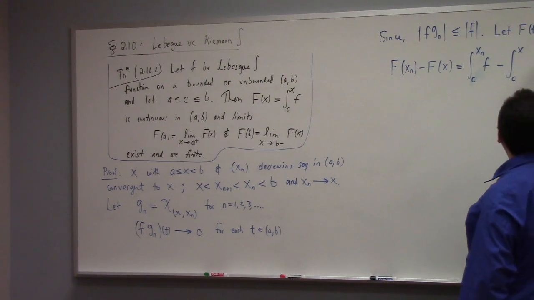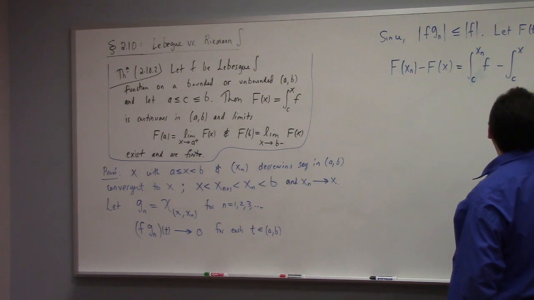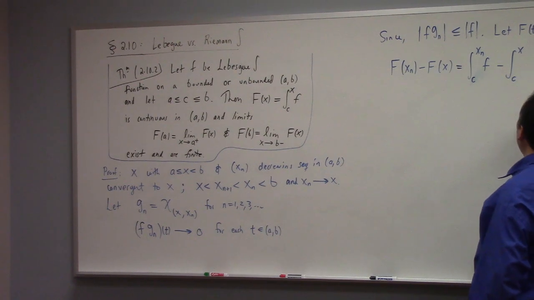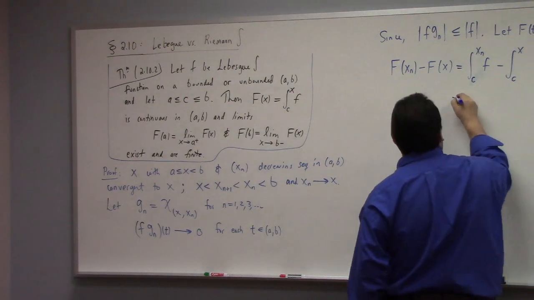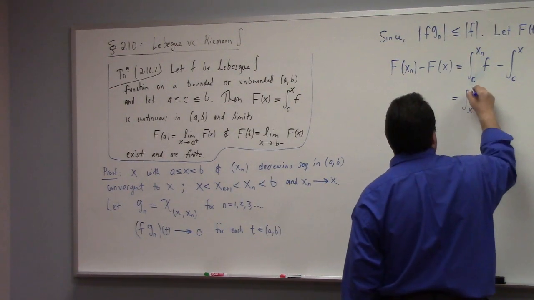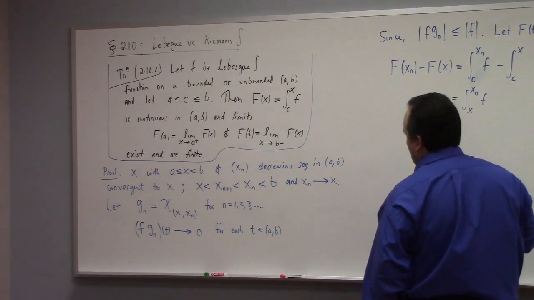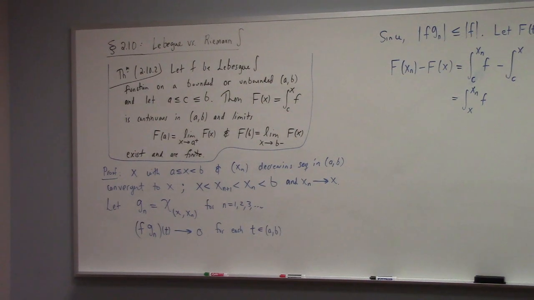Well, if we put C equal to x, then this is equal to the integral from x to x_n of f. Sorry, don't mind me. Let's see here.